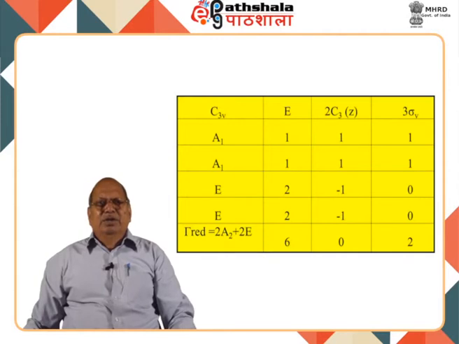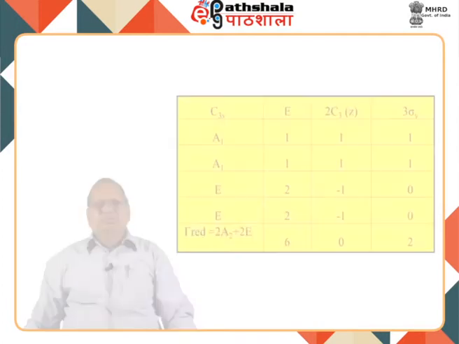I have written here A1 2 times, E and E 2 times, and I take the character of E. 1 1 2 2, and addition gives me 6. Character for 2C3: 1 1 minus 1 minus 1, that is 0. Character for sigma v: 1 1 0 0, that is 2. That is, tau reducible is equal to 2A1 plus 2E, that is 6 0 2.